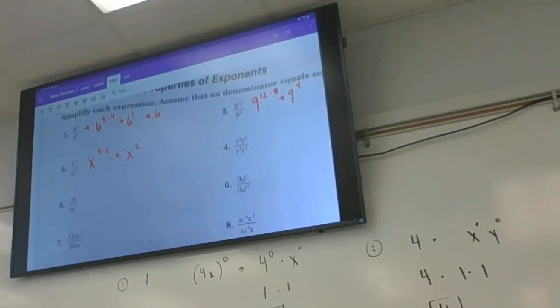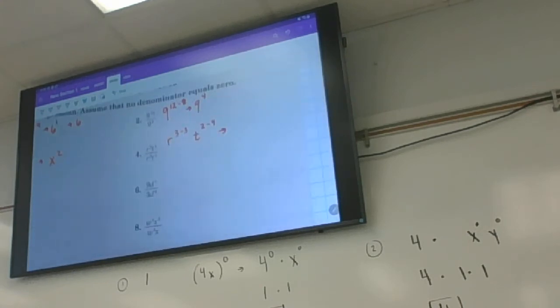Okay, number 4. What'd you get for 4, Cameron? R plus 2? Wait, no, R T 2. That looks like a plus. Okay, so I would do 3 minus 3 and 2 minus 4. Everybody with me. 3 minus 3 and 2 minus 4.